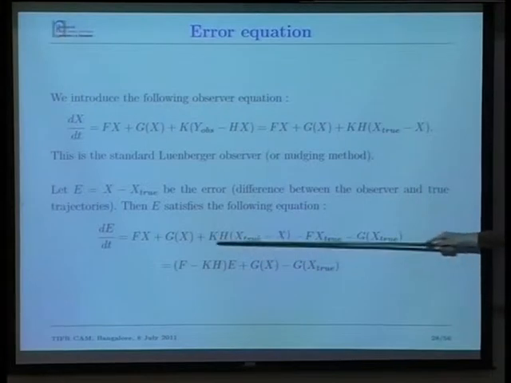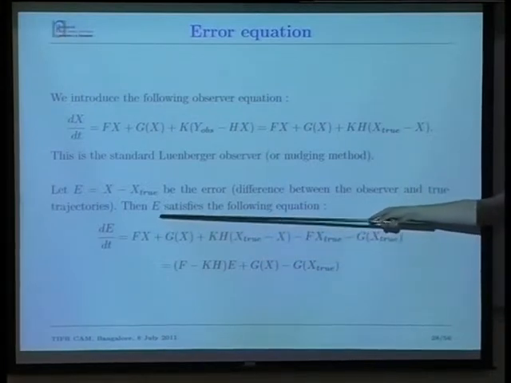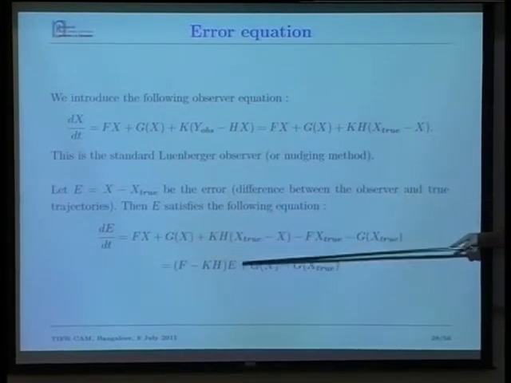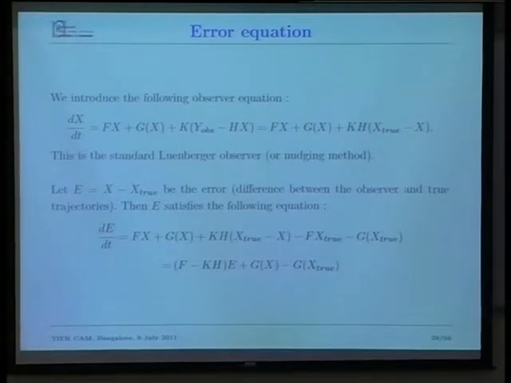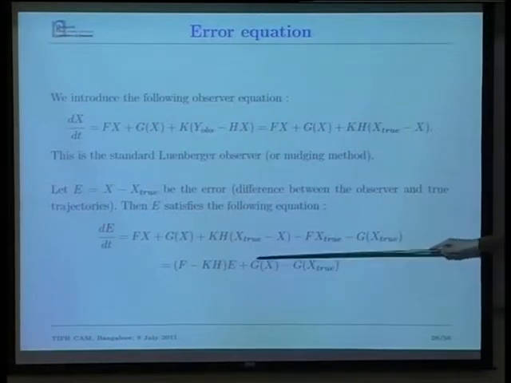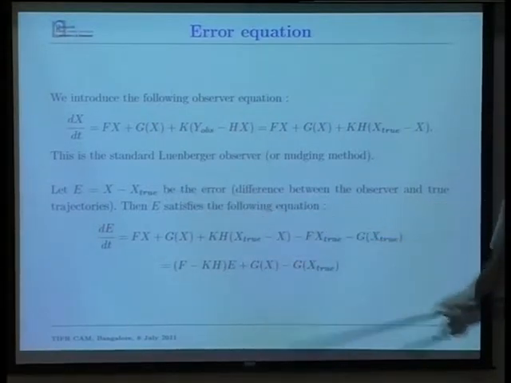So the equation for dE/dt is (F minus KH)E, the linear part, and then you have a new term which is G(x) minus G(x true). And this term is smaller than L times the norm of x minus x true because G is Lipschitz. So in some sense it is smaller than L times E.